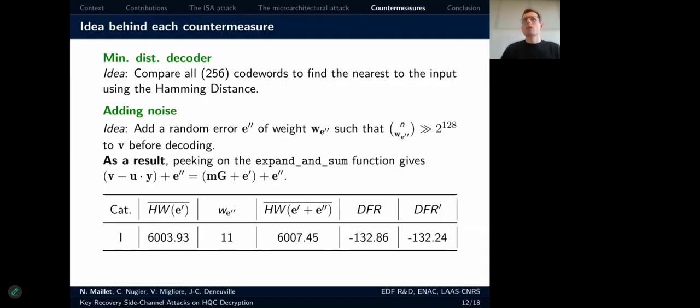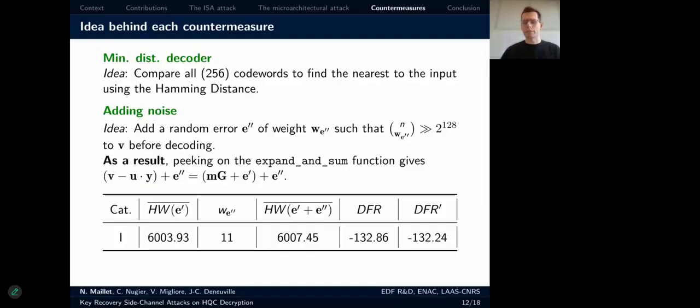With this countermeasure, we still need to control the weight of this error. It has to be such that n choose the weight of e'' is way greater than 2 to the power of your security level. What's really interesting with this countermeasure is that if you only take 11 for the weight of this error, the DFR, the decryption failure rate, nearly doesn't change.